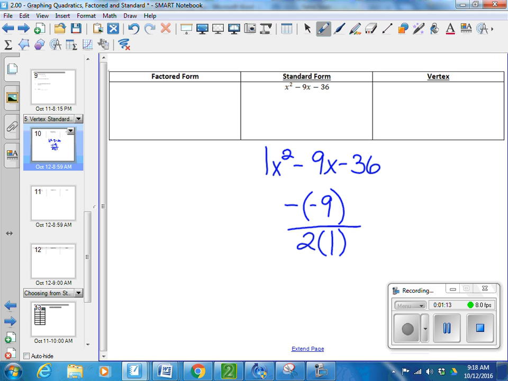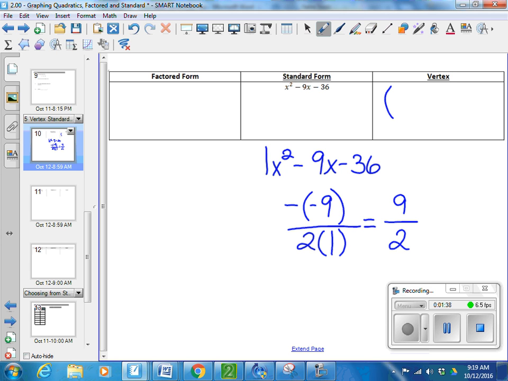Now, as I work this out, the opposite of negative 9 is positive 9, and 2 times 1 is just 2. And I can't reduce that, so that means my x coordinate for my vertex is 9 over 2.